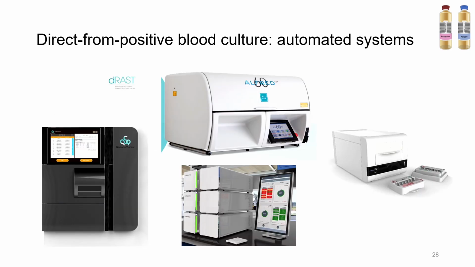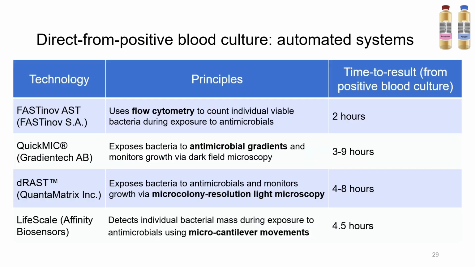Then there's a variety of automated systems, and the cool thing about them is that they all use slightly different technologies on the inside of the box, which I'm going to go through quickly here. Everything from flow cytometry to really high resolution optical microscopy.